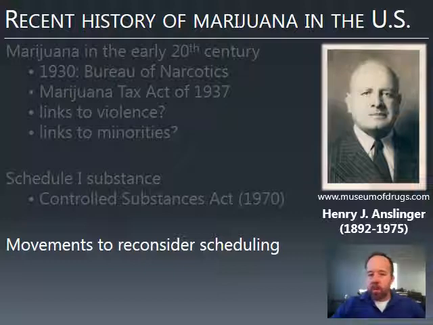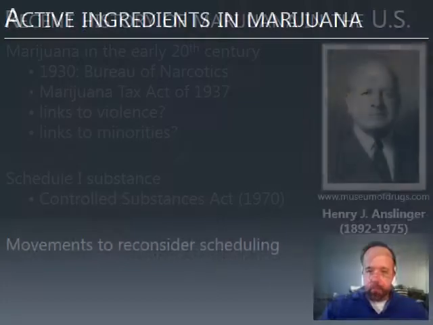But really, there's not much evidence for a physiological dependence, and really, the debate is more centered on psychological dependence. But at any rate, as we'll see, the risk for dependence and the consequences of dependence are pretty minimal. So with that in mind, people have urged the reconsideration of Schedule I, including marijuana.